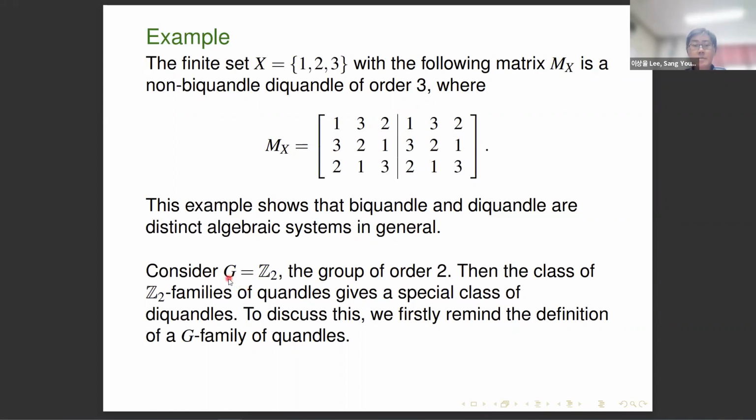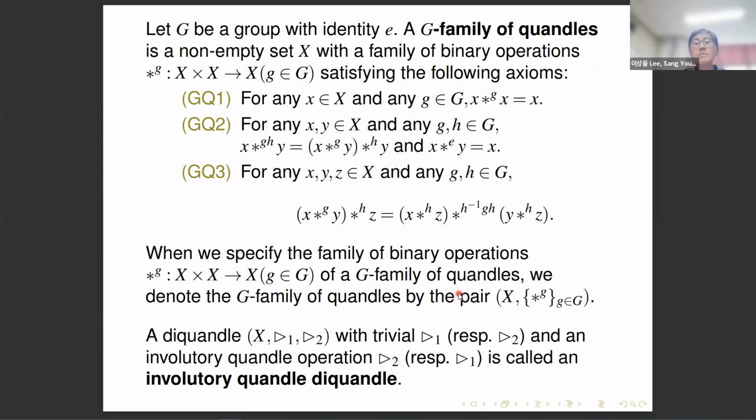Now consider the group G2, the cyclic group of order 2. Then the class of G2 families of quandles gives a special class of diquandles. So to discuss this, we first recall the definition of a G family of quandles. Let G be a group with identity e.